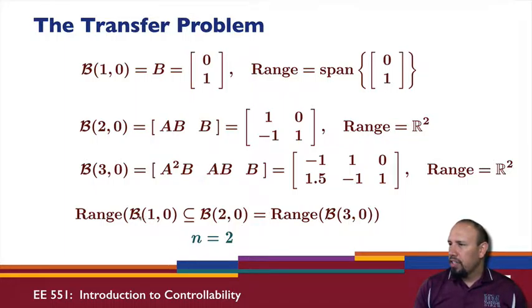So we can see that the range of the control map from 0 to 1 is contained in the range of that, which is equal to the range of this. So in this case, n is equal to 2.